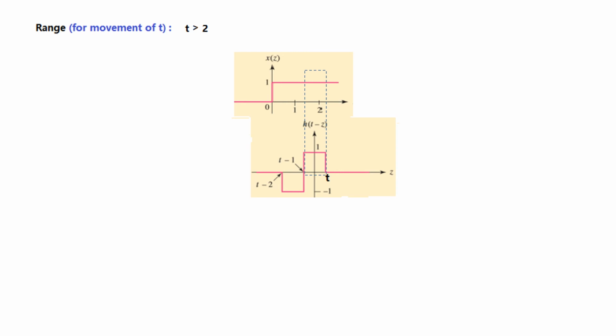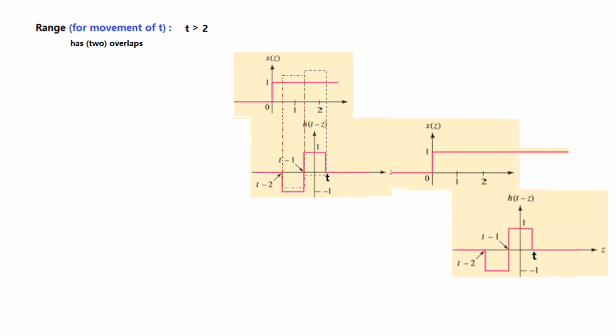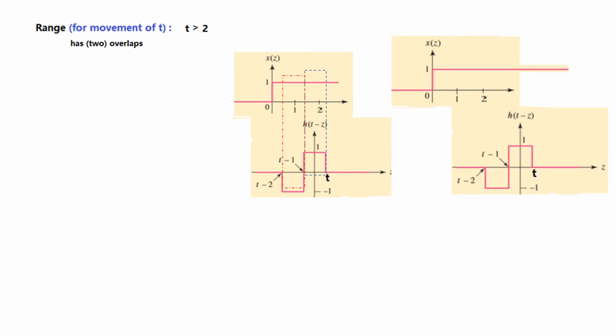And now similarly, if you look at the negative portion, the starting point is t minus 2 and the ending point is t minus 1. So just like the previous slide, we have two overlaps, and as I was telling you, this will continue no matter how far you go from 2. So the range is t greater than 2.